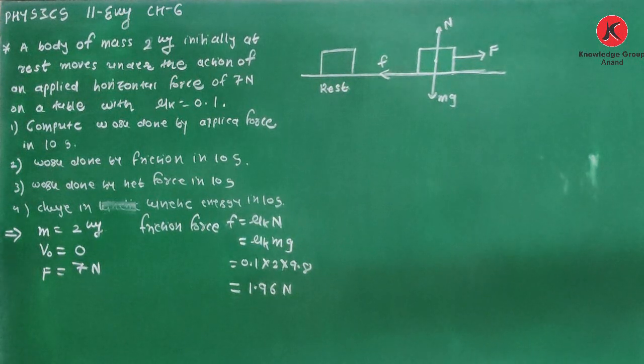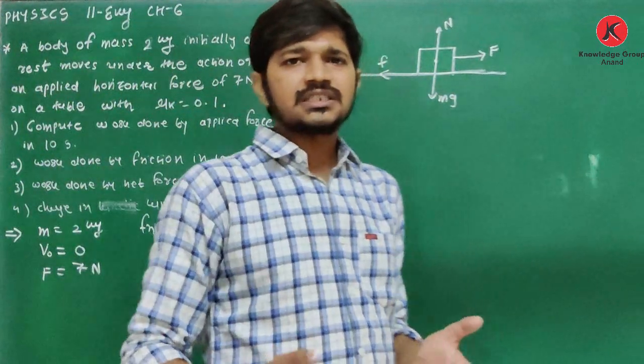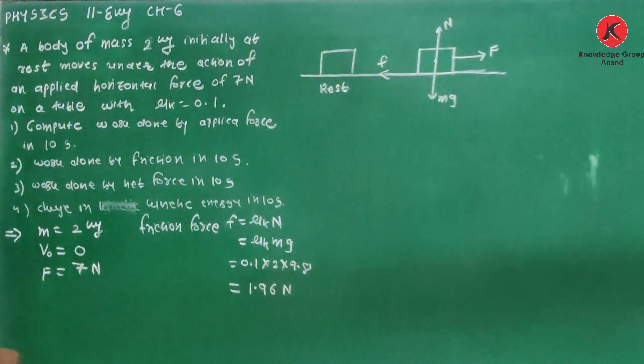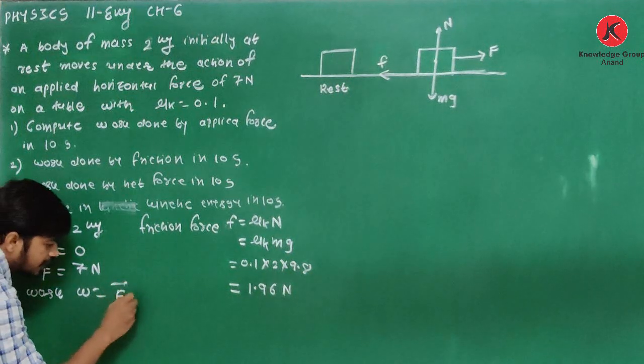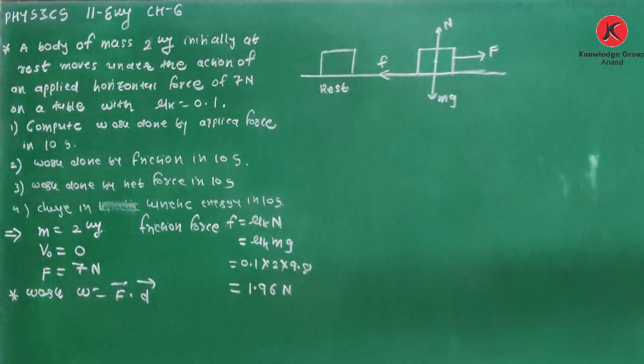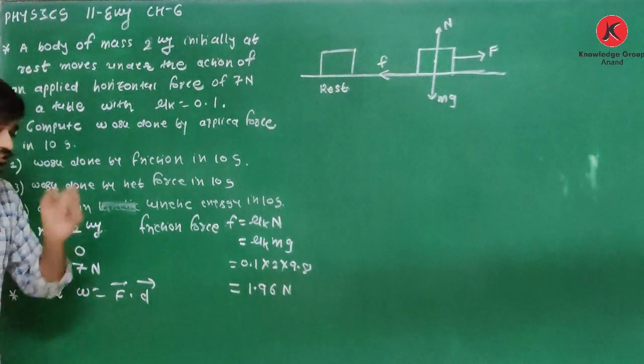Now we have to calculate the work done by applied force in 10 seconds, the work done by friction in 10 seconds, and the work done by net force in 10 seconds. What is the equation of work? We know that work W is equal to F dot D, where F is force and D is displacement.